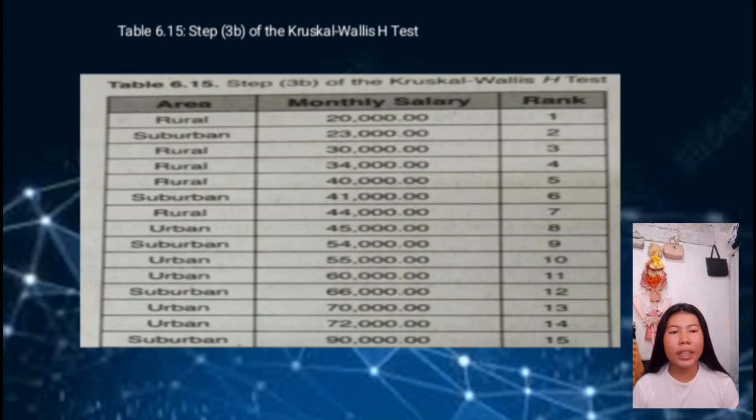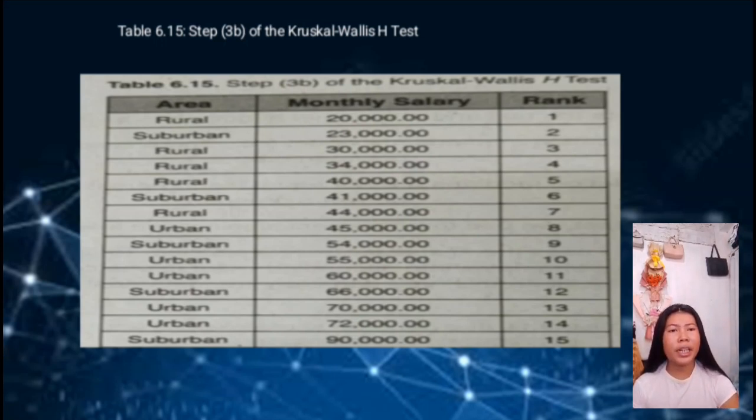First is the sorted data. All salary values from the three groups are combined and rearranged from smallest to largest. Next is assigning rank. Each value is given a rank based on its position in the sorted data. The smallest is rank 1, the second smallest is rank 2, and so on up to rank 15, since there are 15 total observations.